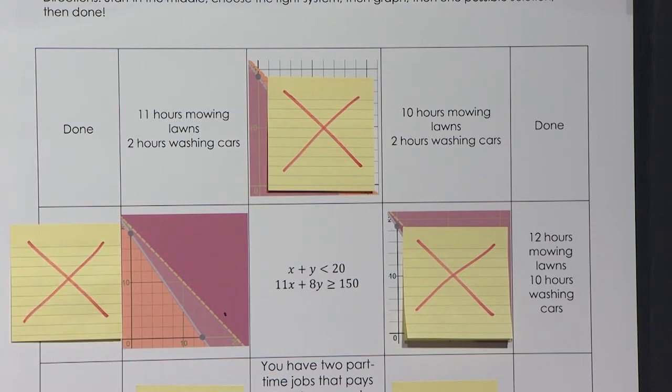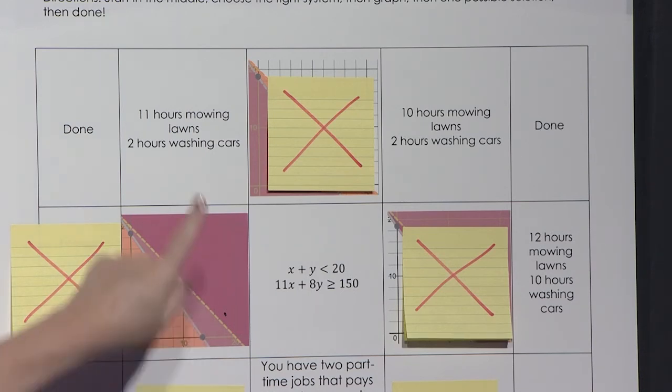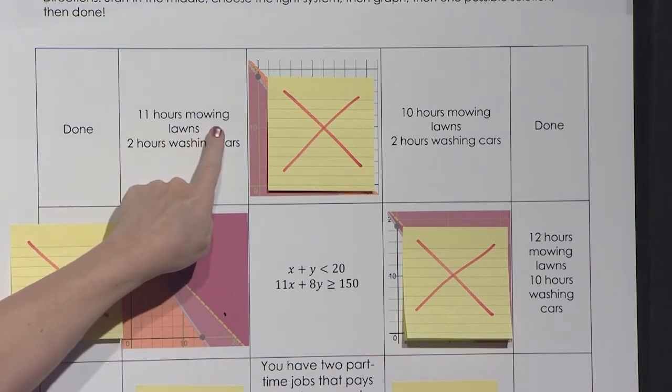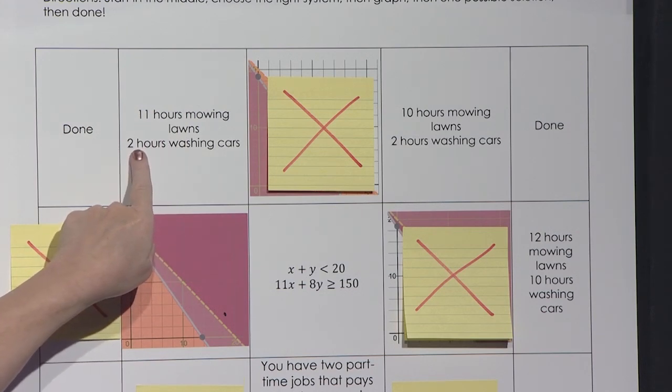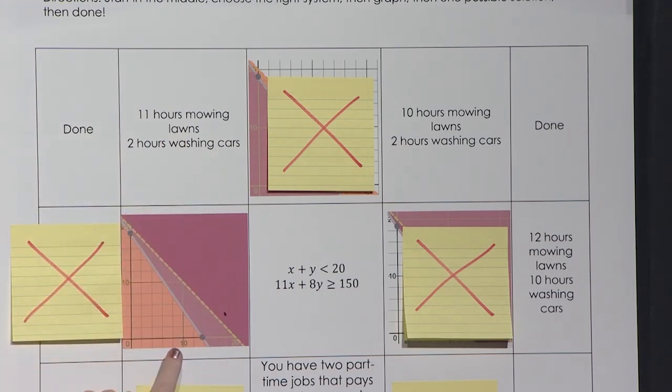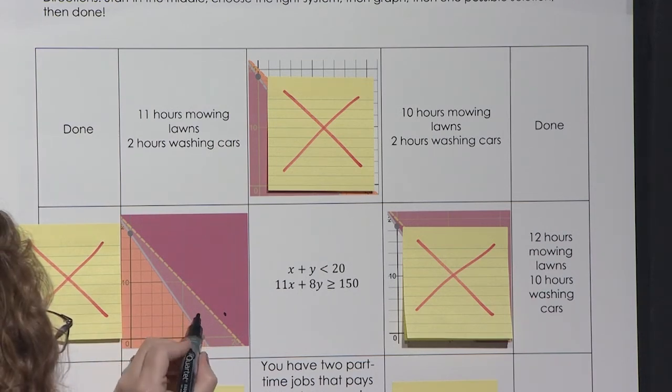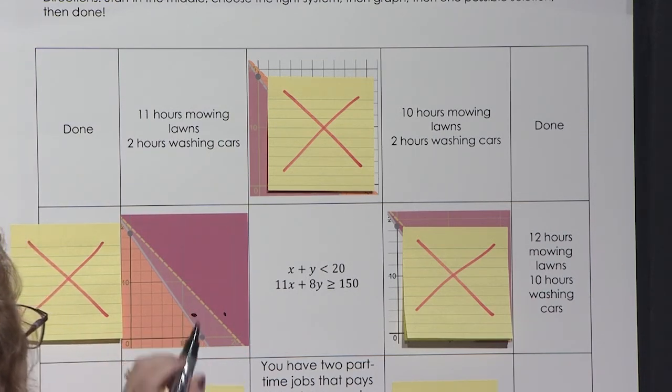Now remember, we can't just take that particular answer and go, oh, that's it. We have to double check and make sure we did not make a mistake. So let's look at 11 hours mowing lawns and 2 hours washing cars. So we have 10, 11 hours mowing lawns and 1, 2 hours washing cars. So this point would be here.